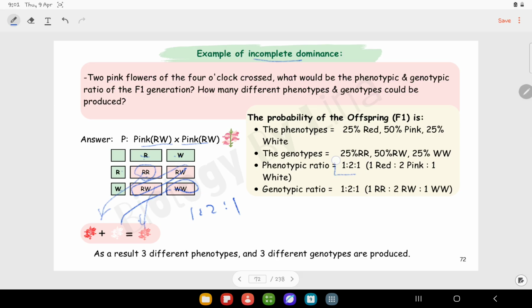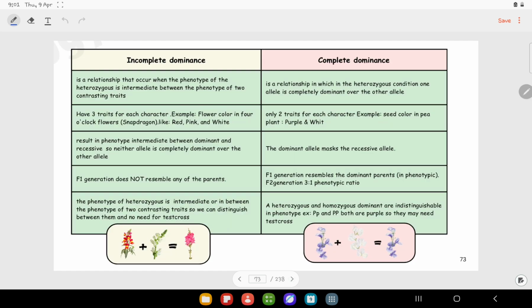This ratio for both genotype and phenotype is the same in incomplete dominance, because one will be red, one will be white, and two will be pink. And the same for their genotype: we have RR for the red, 2 RW for the pink, and 1 WW. As a result, we have three different phenotypes and three different genotypes for each one that is produced.